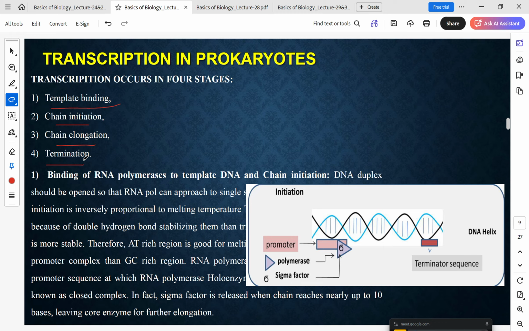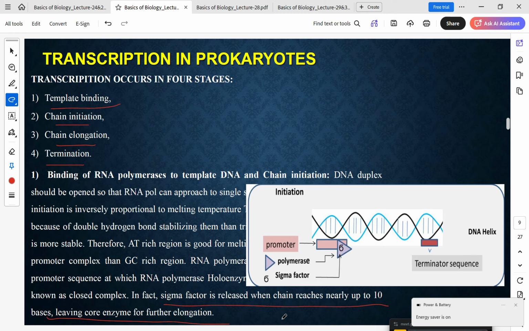The helicase will unwind the DNA, and usually this is done at an AT rich region so that the unwinding is very fast and does not go back to its previous state. Then the RNA polymerase holoenzyme will bind to the promoter region. The sigma factor gets released when the chain reaches 10 bases, leaving the core enzyme for further elongation.